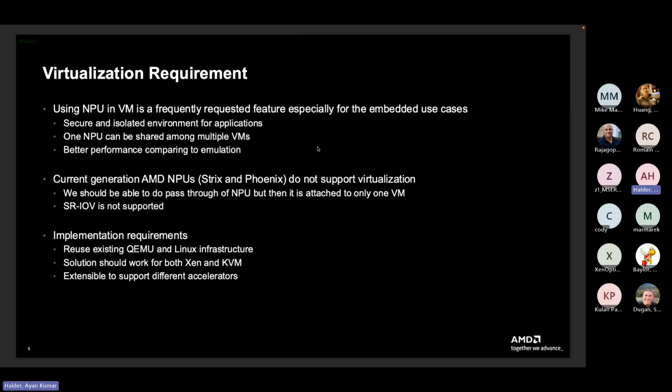Potentially each application can run in its own VM. And also this will allow a single hardware to be shared among multiple virtual machines. And also this para-virtualization technology enables better performance compared to full emulation.